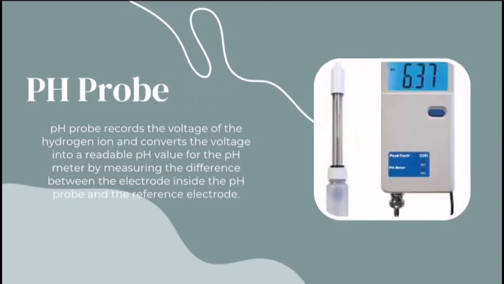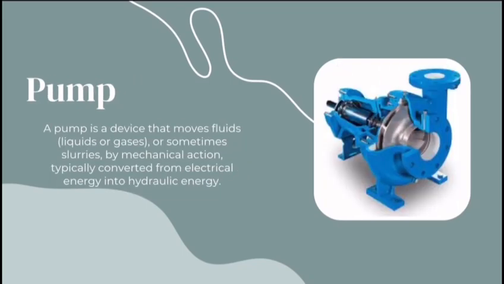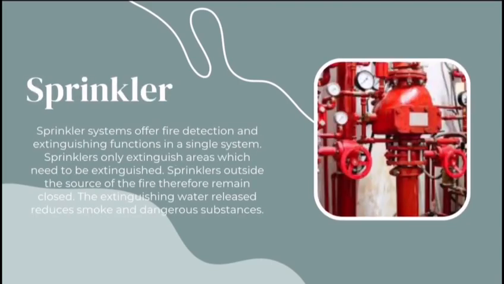pH probe. A pH probe records the voltage of the hydrogen ion and converts the voltage into a readable pH value for the pH meter by measuring the difference between the electrode inside the pH probe and the reference electrode. Pump. A pump is a device that moves fluids, liquids or gases, or sometimes slurries, by mechanical action, typically converting electrical energy into hydraulic energy.